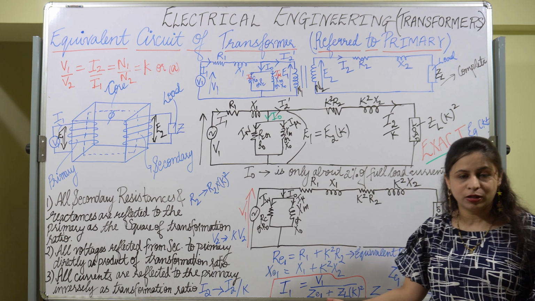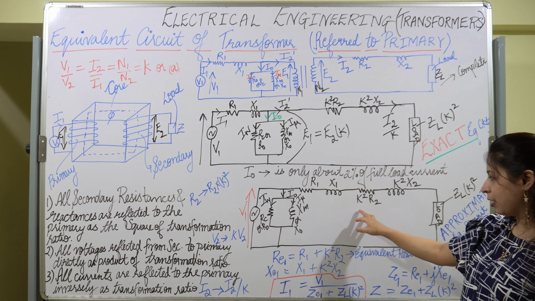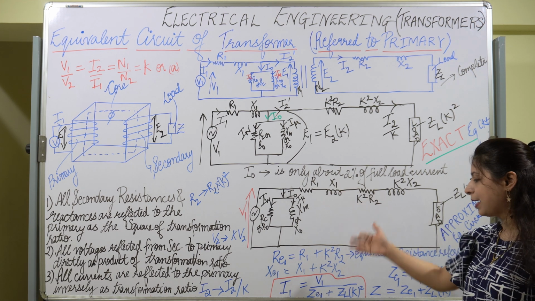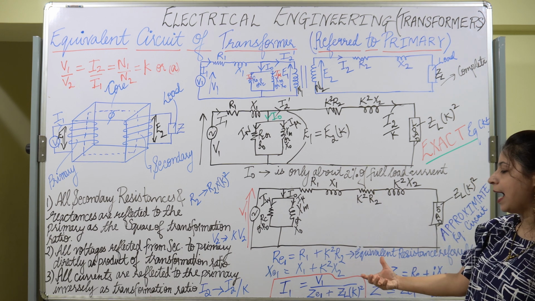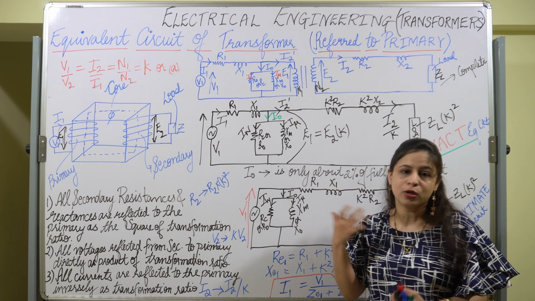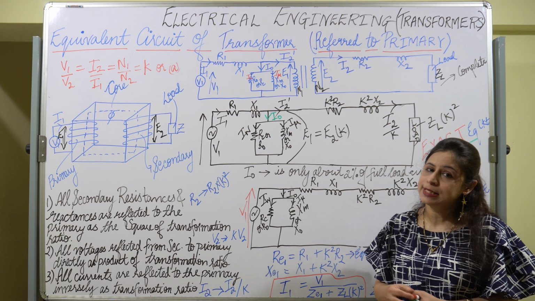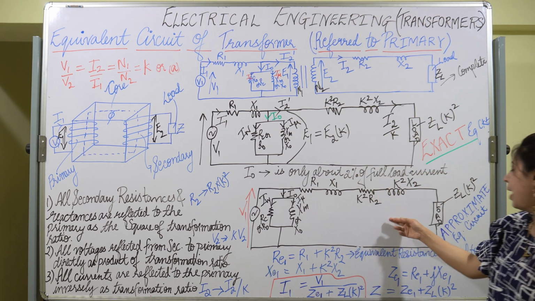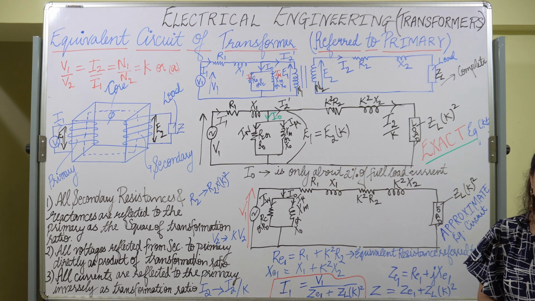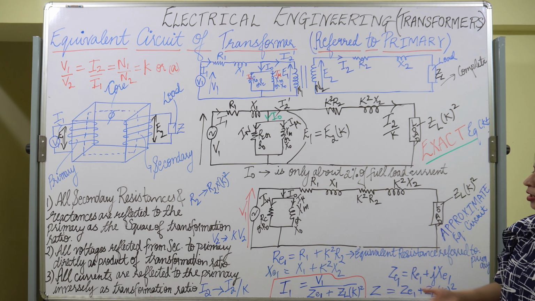R1 and K square R2 can easily be added, and similarly the reactances can be easily added. Also the voltage regulation can be easily calculated with the help of the approximate equivalent circuit. So these are some advantages of the approximate equivalent circuit.